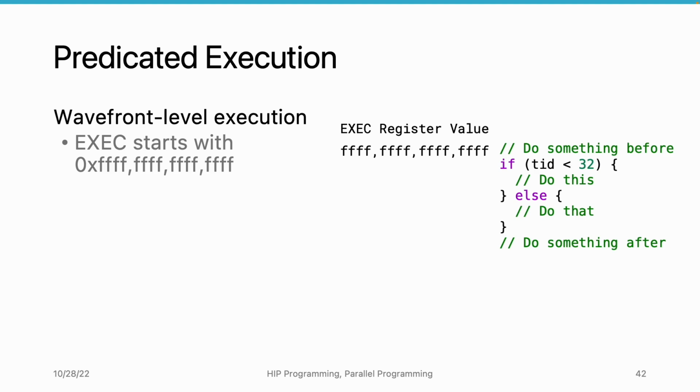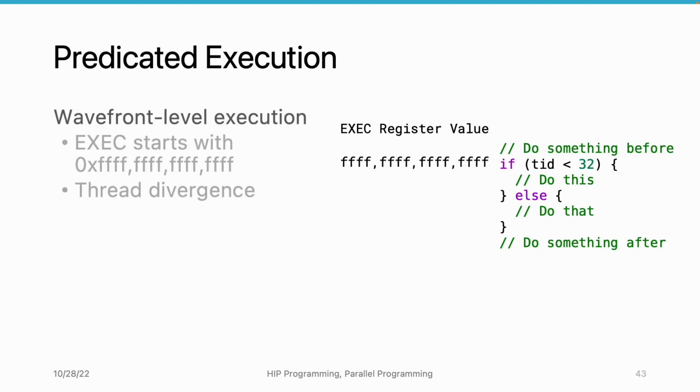At the beginning, the execution mask starts with 0xFFFFFFFFFFFFFFFF, that is 64 ones. Be careful: if your block is smaller than 64 in size, your execution mask may not start with all Fs. It will mark those non-existing threads as 0 in the execution mask, so that none of the execution of those threads will take effect. Then when we execute this if condition, we still have the execution mask with all Fs, but we start to have thread divergence.